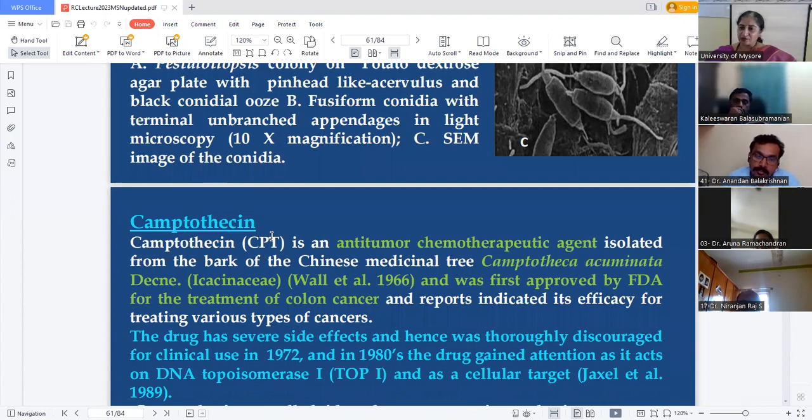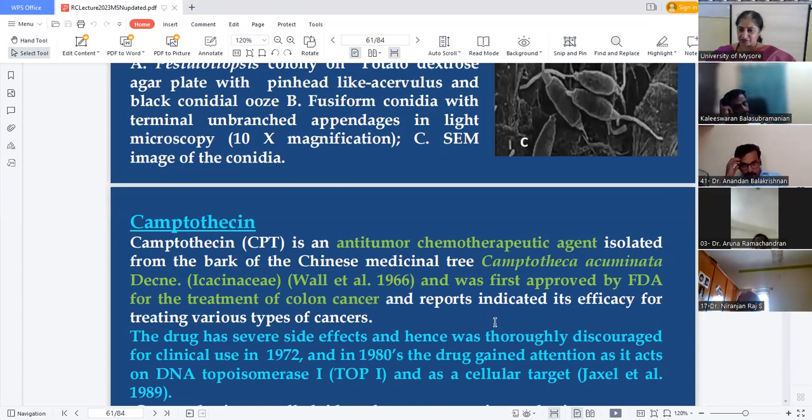Okay. Next is camptothecin. Camptothecin, also abbreviated as CPT, is an anti-tumor chemotherapeutic agent obtained from the bark of a medicinal tree of Chinese origin called Camptotheca acuminata. Again, by the natural product chemist Wall's group, they identified anti-tumor agents 1, 2, 3, 4, 5, 6, like that they have published.